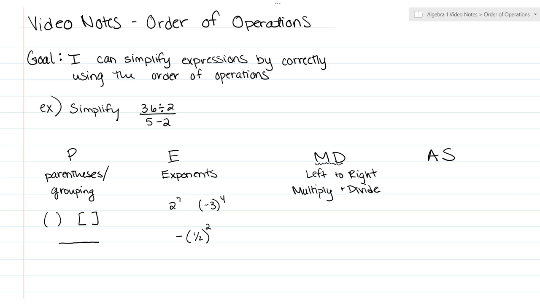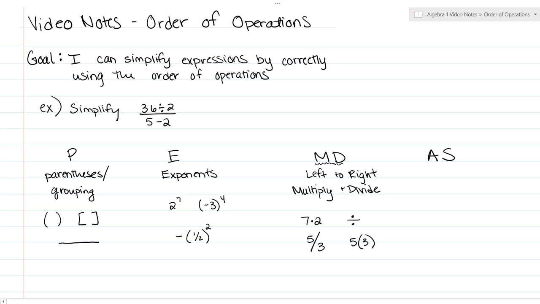So when we multiply and divide, we're going to do those at the same time, left to right. And just to remind ourselves of the different signs we see, multiplication can have a dot, division could look like the divided sign, or it could be a fraction, like 5 over 3. We also see multiplication with parentheses, so that would be 5 times 3.